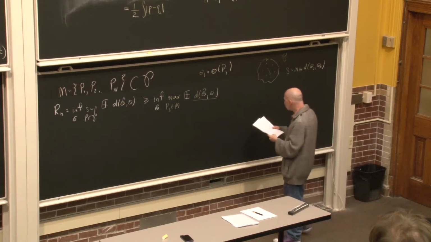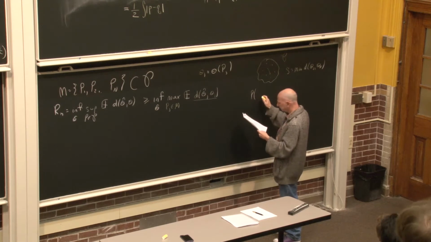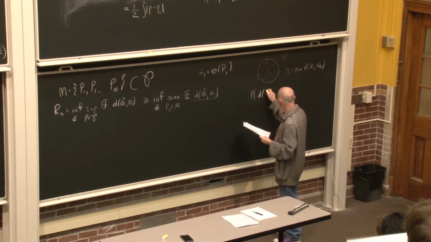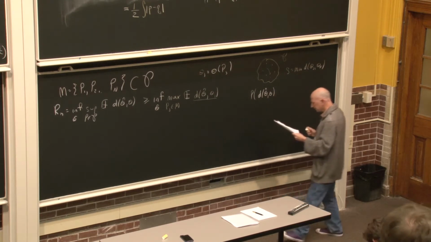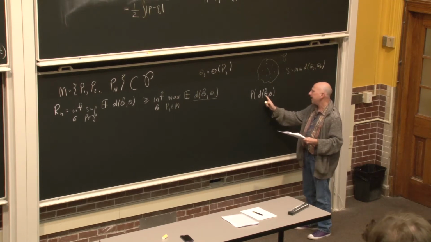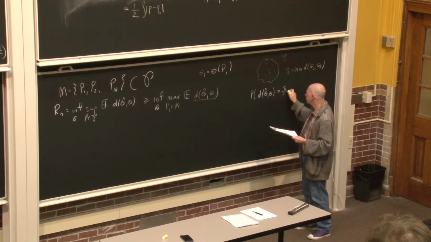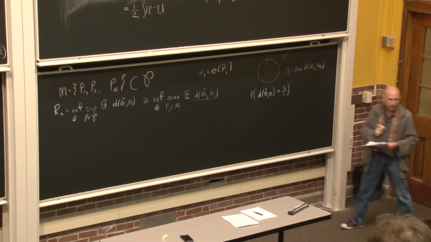Then for any estimator, what's the probability that the estimator compared to the truth is bigger than S over 2? The reason for the 2 will become clear later.